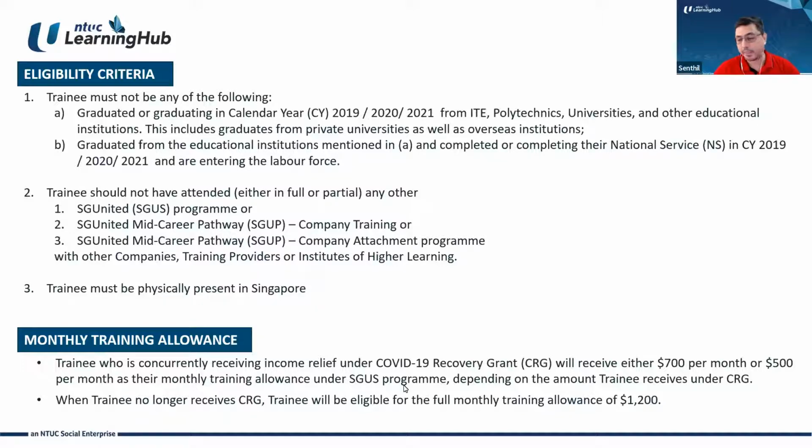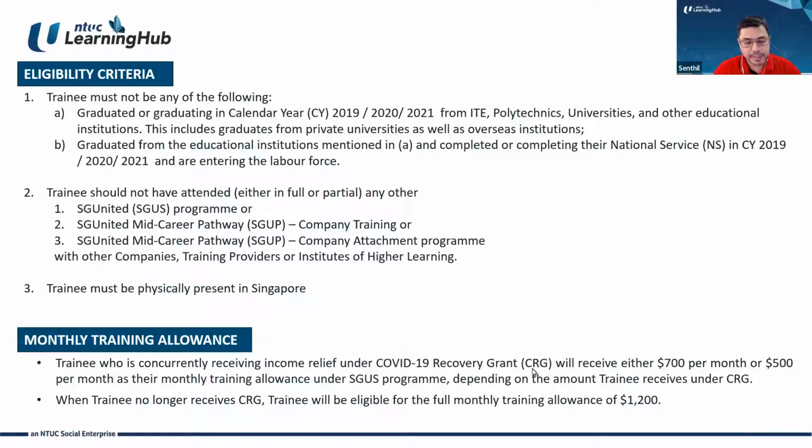So for example, if you're receiving $500 per month under the COVID-19 recovery grant, you will be eligible for only $700 per month under the SGUnited Skills program. If you add up these two numbers, it's still $1,200. That's the maximum you can get when you are receiving the COVID-19 recovery grant.